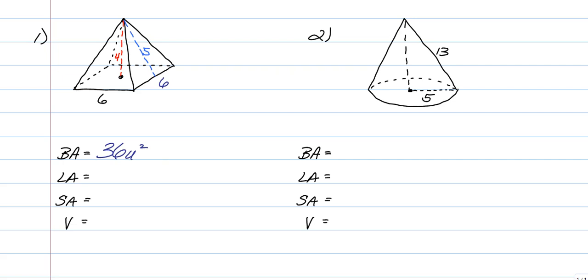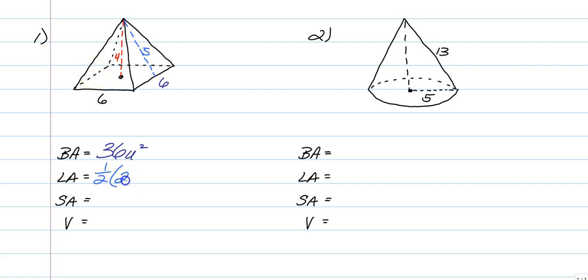Now, the lateral area is where we get into something fun. So now we have to use the formula, which is 1/2 times the perimeter of the base. So again, since I said the base of all of these pyramids are going to be regular, that means a square has 4 sides that are all 6 units long.